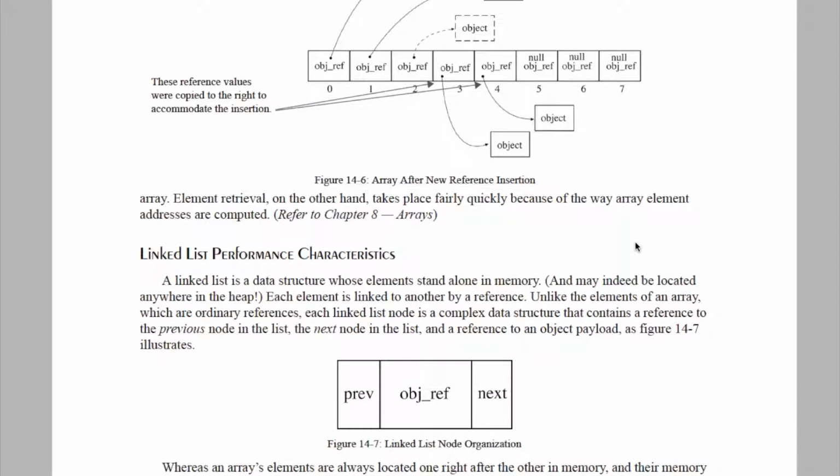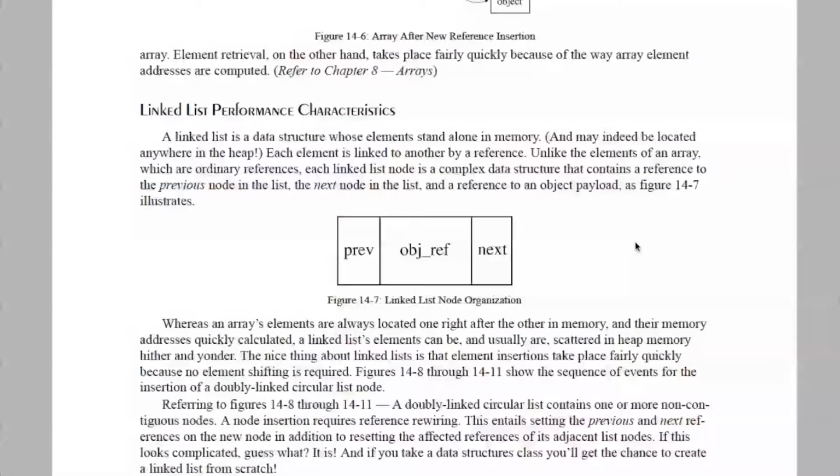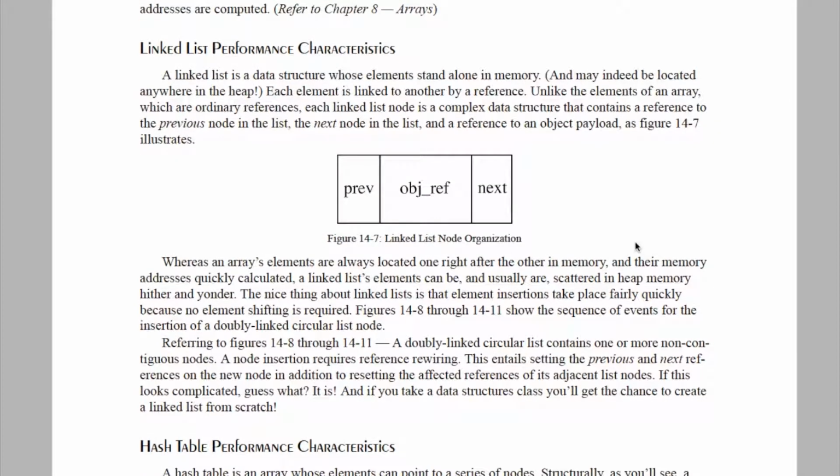The next data structure is a linked list. Another potential problem with an array is that it takes up a certain amount of size, even if it contains just one element. Generally speaking, you don't create an array with one element in it. You usually create an array with 25, 30 elements, so you're taking up space.